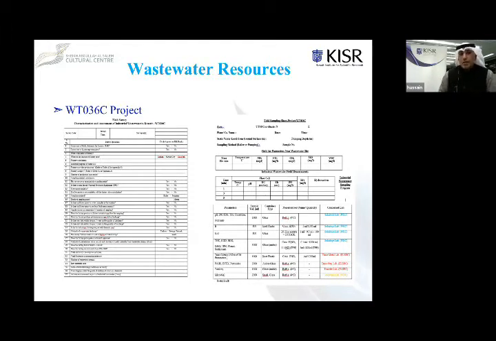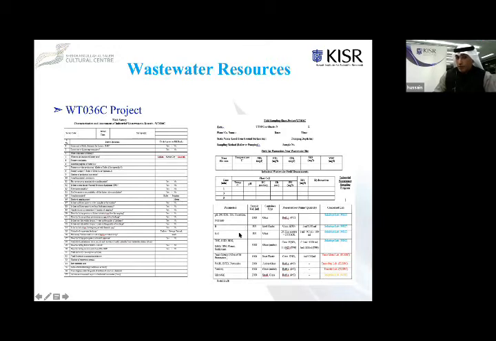The project started with a survey in order to give some general information about the establishment in terms of amount of water consumed, the amount of water produced, any wastewater treatment system available at the establishment or not, and the possibilities of using treated wastewater, and that is on the left sheet.